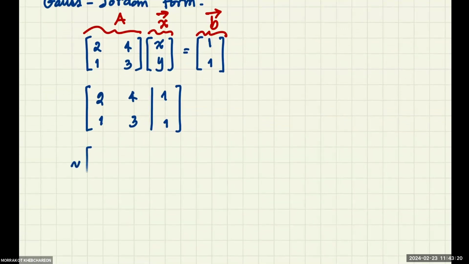Here, if I want to divide row 1, okay, I don't want to confuse you. Let me go through it first. 2, 4, 1. And then R2 minus R1 over 2 times 1, right?